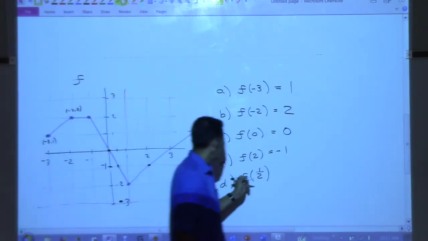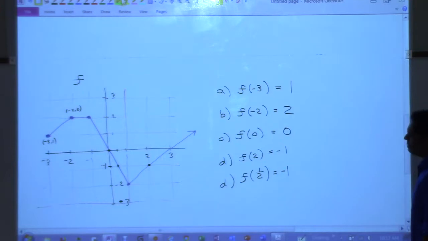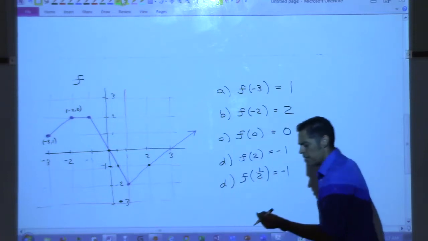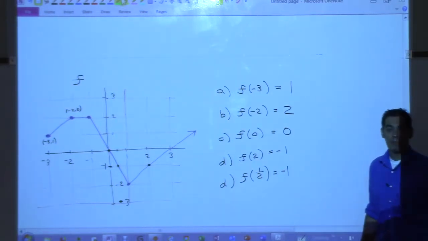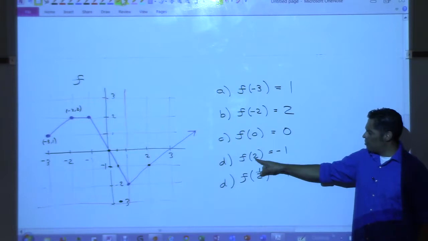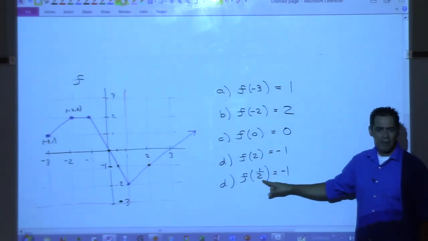This should be -1? Hey, wait a minute. Hold on a second. Zeke? 2 goes to -1, right? 1/2 goes to -1.